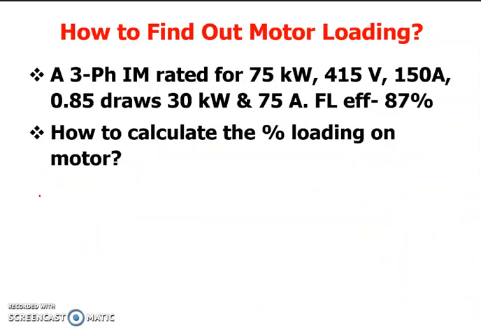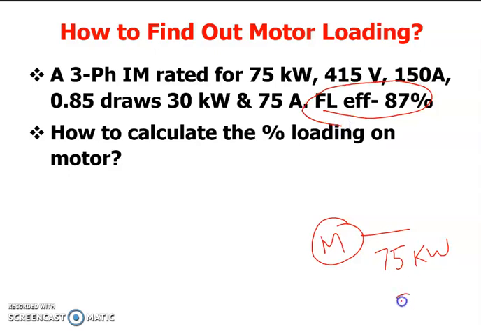So this is a simple example of how to calculate the loading of a particular motor. So the motor is 75 kilowatt, and it is said that the full load efficiency is 87%. So you can calculate the input power which is taken by the motor. It is 75 kilowatt divided by 0.87.